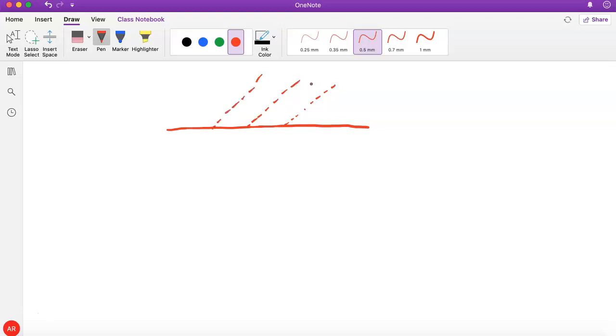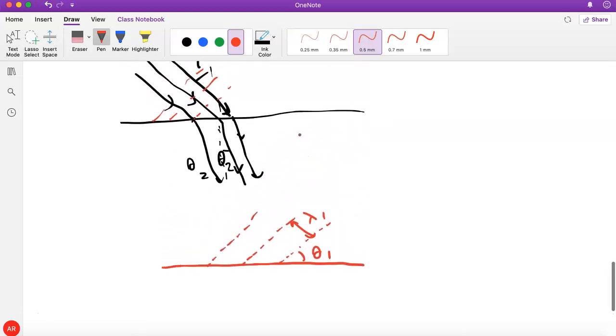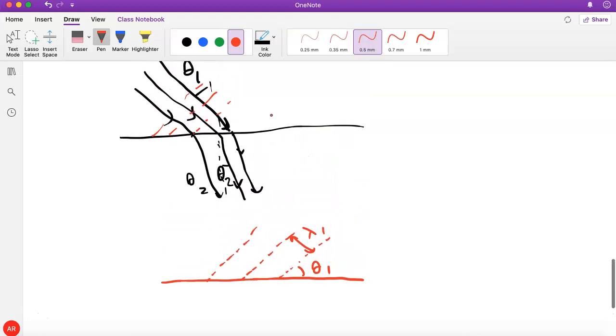And let's say the wavelength in this material on the top side, let's call it lambda 1. And this angle is theta 1. The angle between the ray and the normal to the interface is the same angle, theta 1, between the wavefront and the interface. So the wavefronts are perpendicular to the rays, and the normal is perpendicular to the interface.